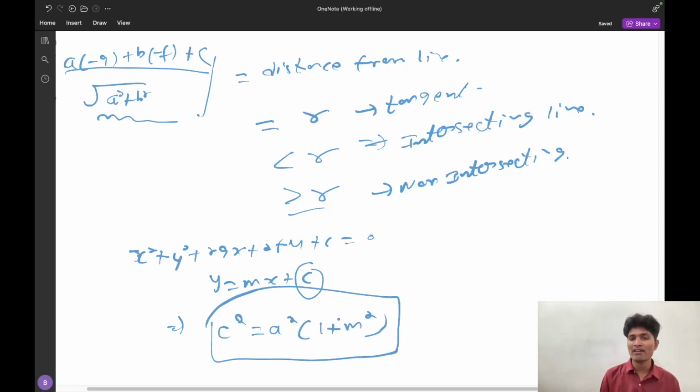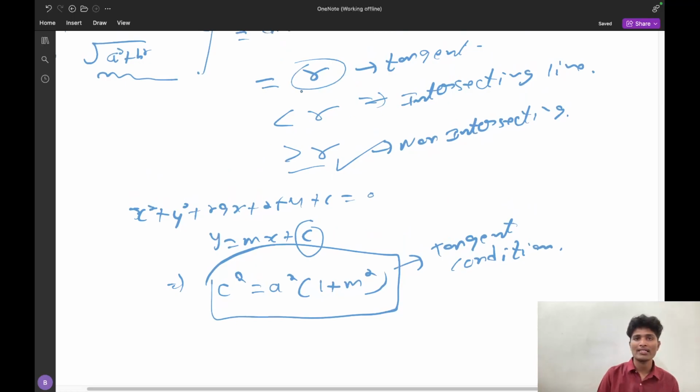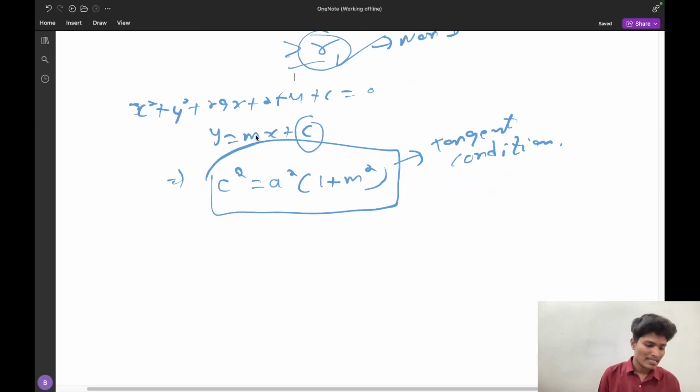If c square equals a square into 1 plus m square, this is the tangent condition. But the actual condition is derived from intersecting, non-intersecting and tangent, by evaluating the radius and the distance from the center to the line.